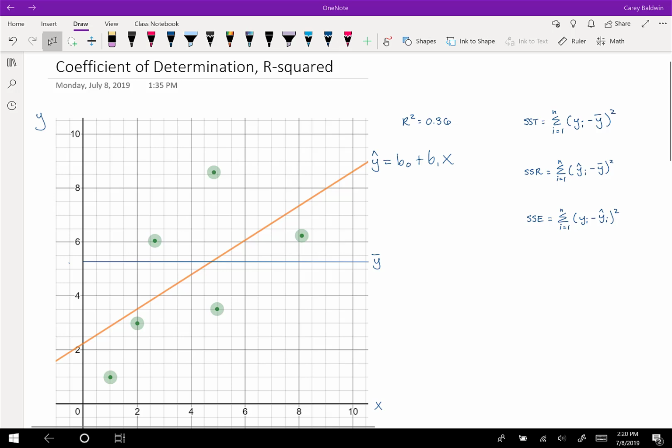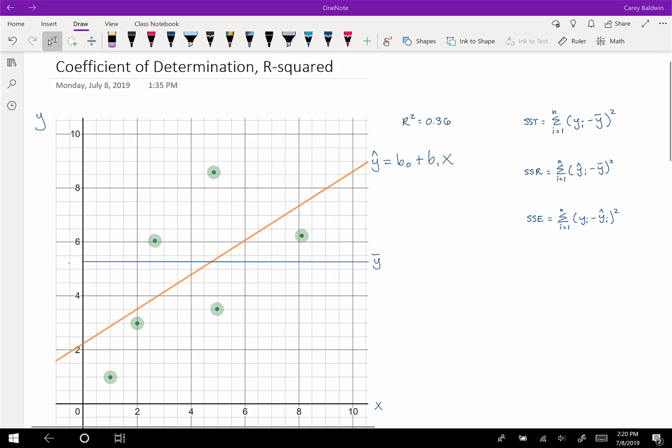R squared is a statistic that's calculated as a comparison between two different ways of making predictions for y based on values of x. And it involves a quantification of the variation in the same way we saw with analysis of variance.